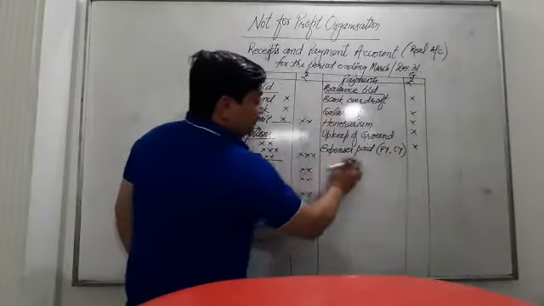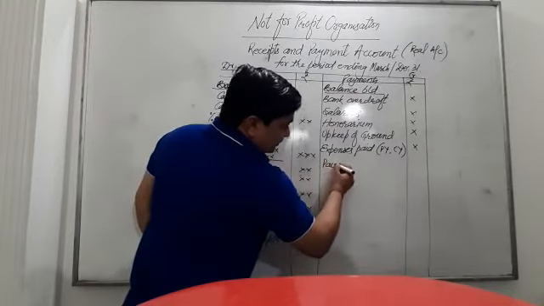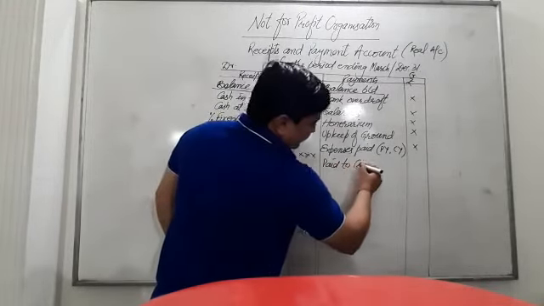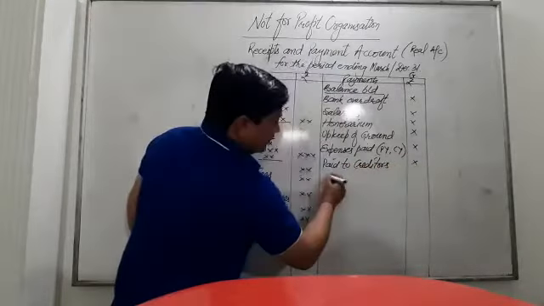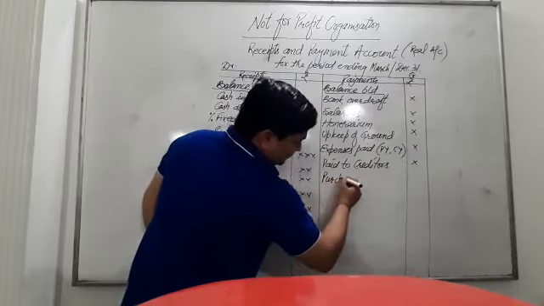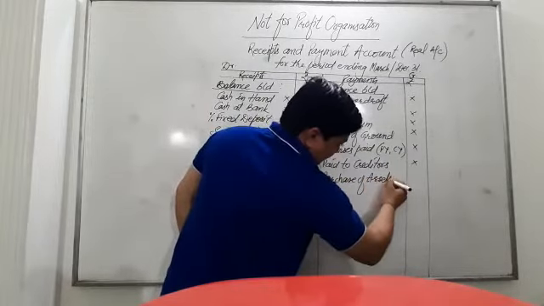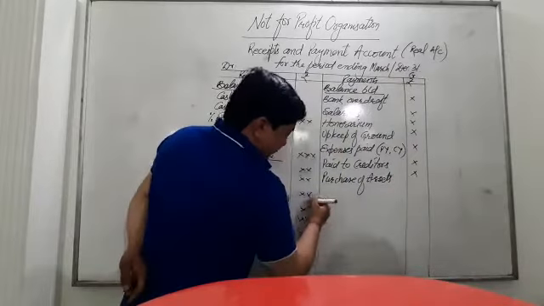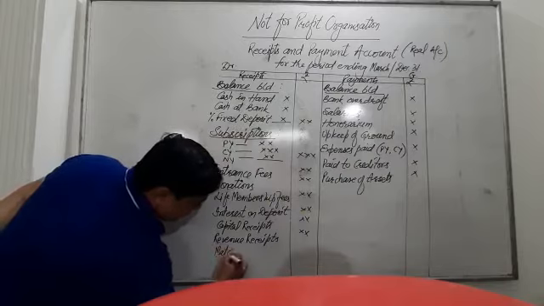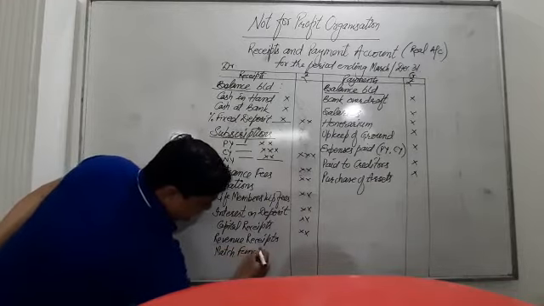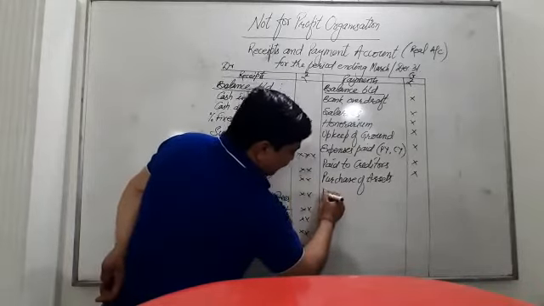Then paid to creditors, purchase of assets, or any specific fund can be here, say match fund, and the related expenses could be here, that is match expenses.